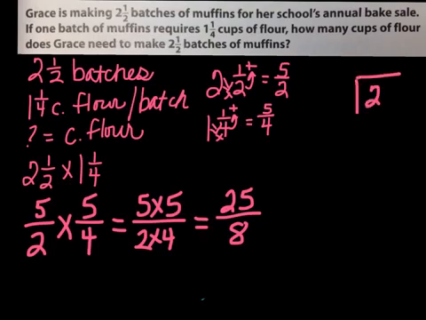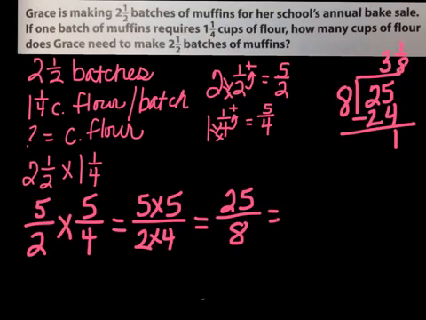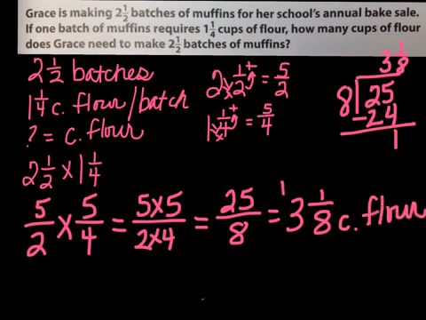So numerator divided by denominator, so 25 divided by 8. 8 will go into 25 3 times. 3 times 8 makes 24. 25 minus 24 gives me 1. Take that 1, put it over your divisor, so that 25/8 is the same as 3 1/8. So she will use 3 1/8 cups of flour for her 2.5 batches that she's making.